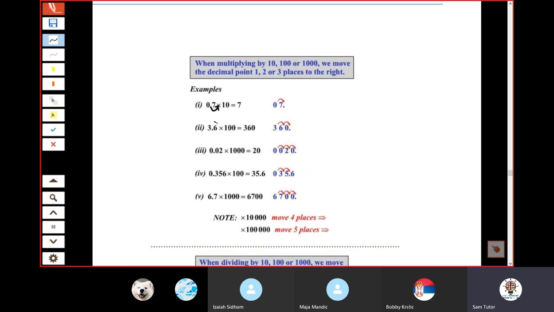How many zeros are there? 2. So you're going to go 2 to the right. 1, 2 becomes 360. 0.02. How many zeros are there? 3. So you're going to go 1, 2, 3 to the right, and that becomes 0020, which we usually just ignore the zeros and just write 20, don't we?